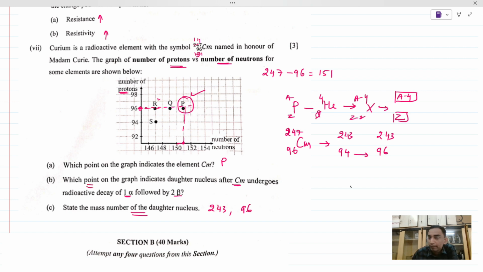Again, 96 is there, there can be both possibilities, but the number of neutrons will decrease. I will have to subtract these two. 243 minus 96, 147 is the number of neutrons. So 147 is here. So R would be the correct answer. R, right?